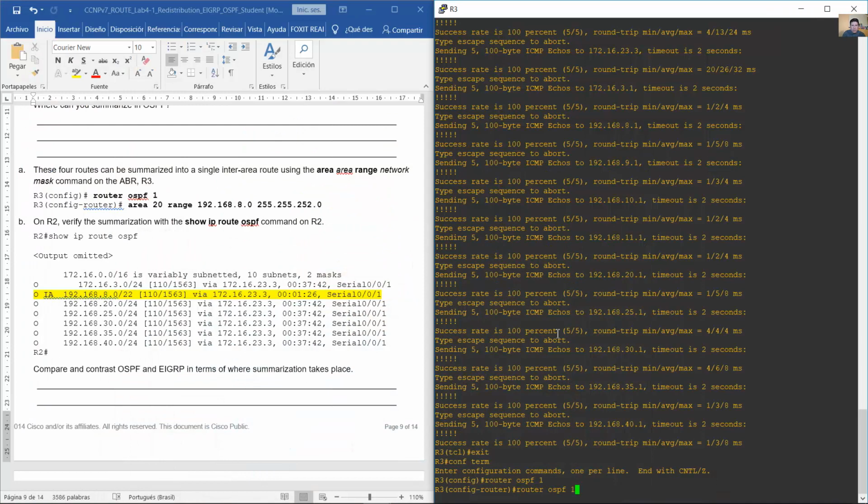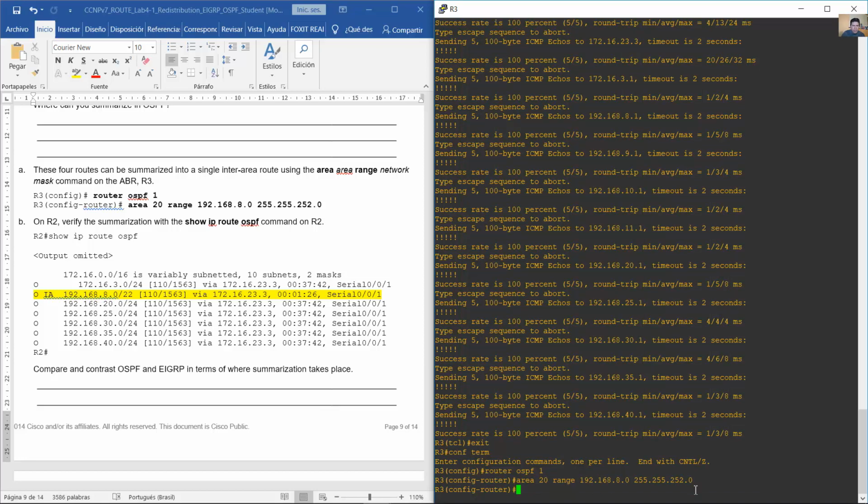Rather, OSPF. Sorry, area 20 range: summarize from this summarized network, the supernet, with 8.0 and subnet mask 252.0, which includes 8.0, 9.0, 10.0, and 11.0.